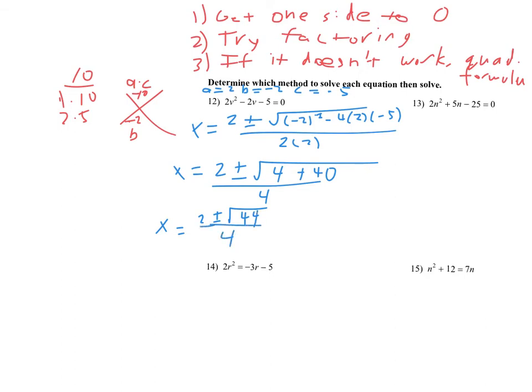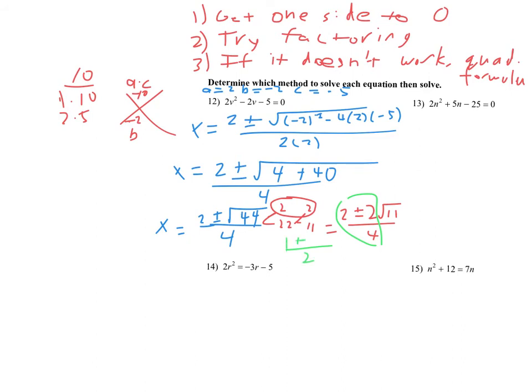And then I got to break down that 44. So it's going to be 2 and 22, which will be 2 and 11. And then 11 does not break down. So we do have twin 2's there. So we'll say this equals 2 plus or minus 2 radical 11 all over 4. And then we can reduce these three numbers together. We're going to divide them all by 2.